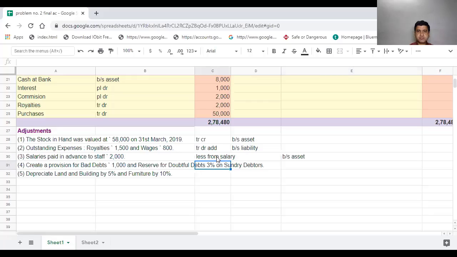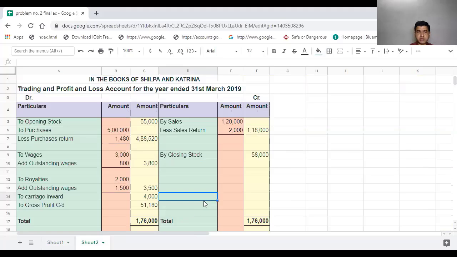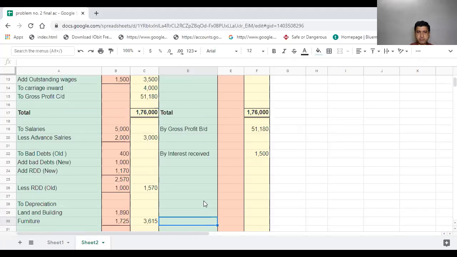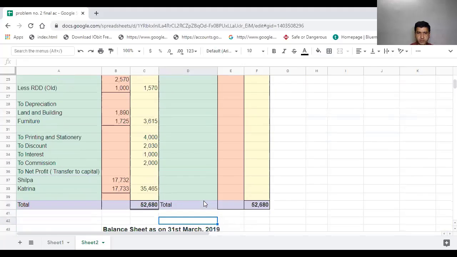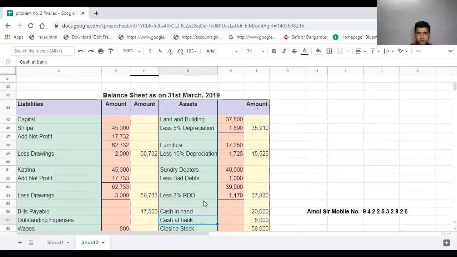Next, create provision for bad debts rupees 1000 and reserve for doubtful debts 3% on debtors. For this adjustment, we have to go to the solution part. I have prepared the solution for you. Here on the balance sheet, sundry debtors 40,000. From this 40,000, we have to less new bad debts 1,000.